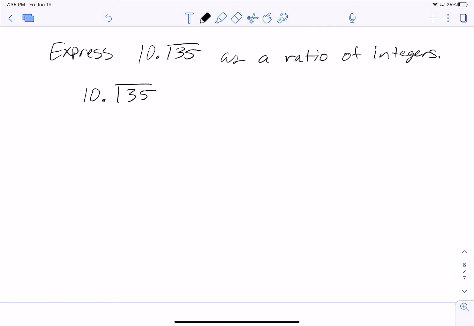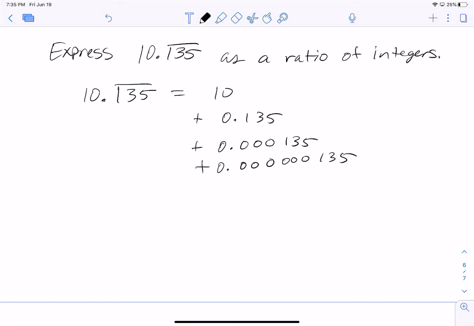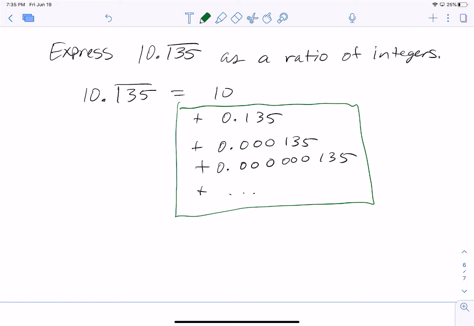So 10.135 repeating is equal to 10 plus 0.135 plus 0.000135 plus 0.000000135, and so on. So I'll just put plus dot dot dot. Now this portion of it with all of the decimals forms a geometric series.